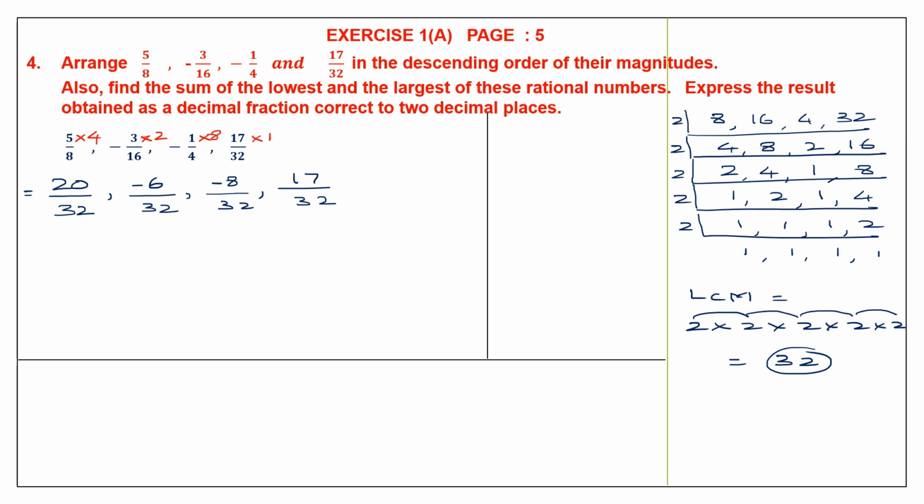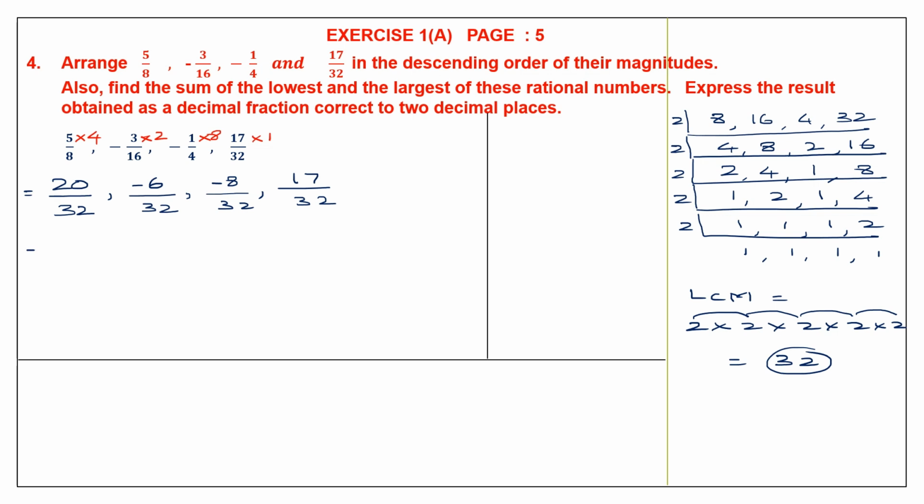Now let's arrange the numbers in descending order. Descending is from big to small. So since we have negative and positive numbers, we're going to put the positive numbers first because they are greater than the negative ones. The positive numbers are 20 by 32 and 17 by 32. The bigger one is 20 by 32.